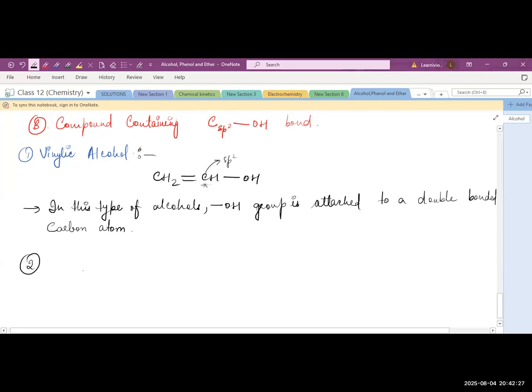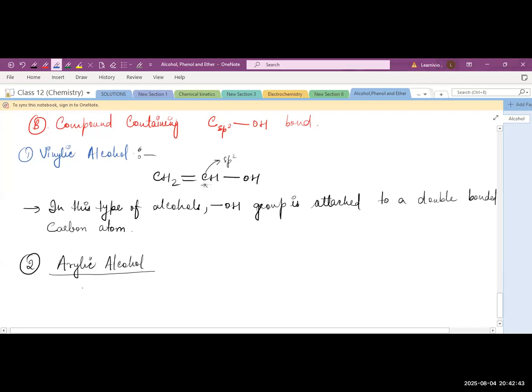Second type is your arylic type, arylic alcohol. Arylic alcohol basically it's your phenols, right?